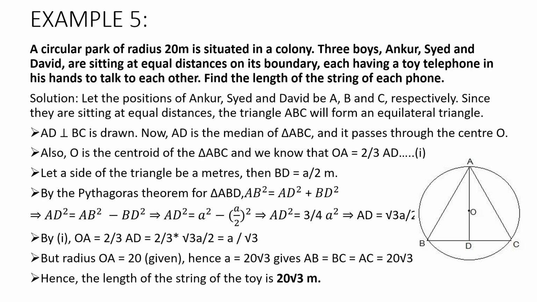Hence, a is equal to 20 root 3. OA is equal to a by root 3, so a is root 3 OA, which is equal to 20 root 3. Which gives AB equal to BC equal to AC is equal to 20 root 3. Hence, the length of the string of the toy for each of them is 20 root 3 meters.